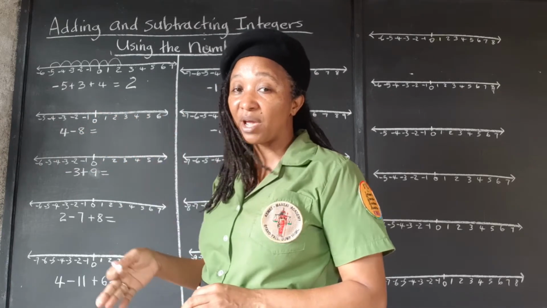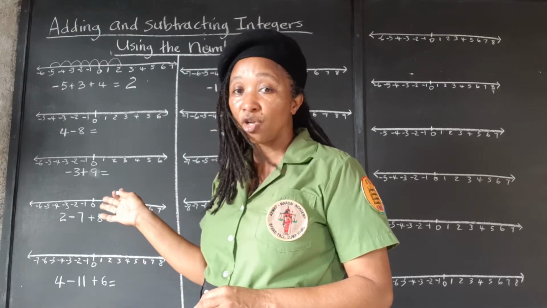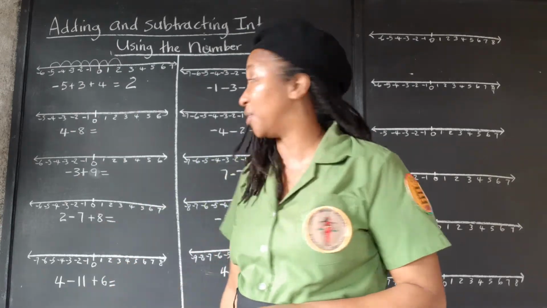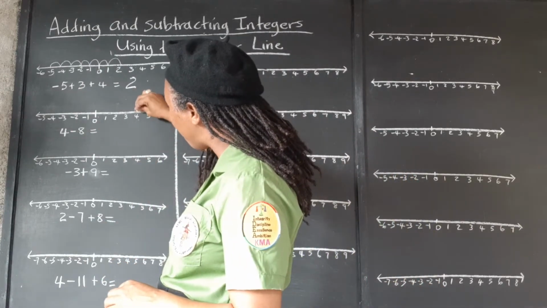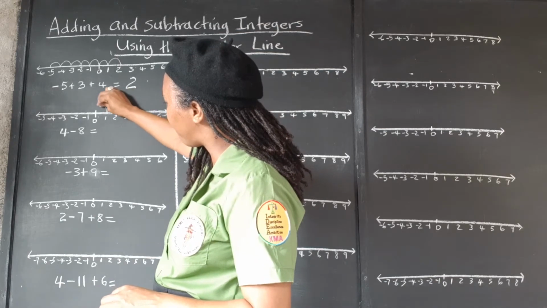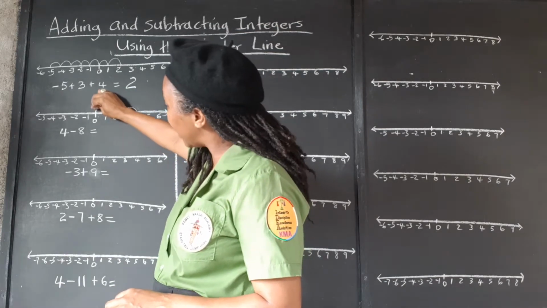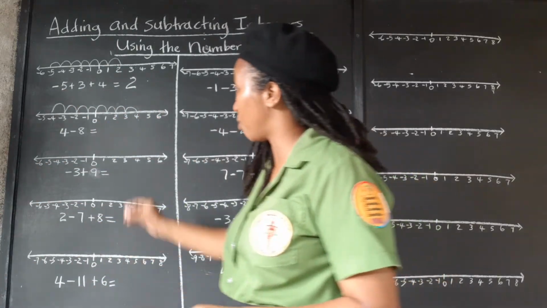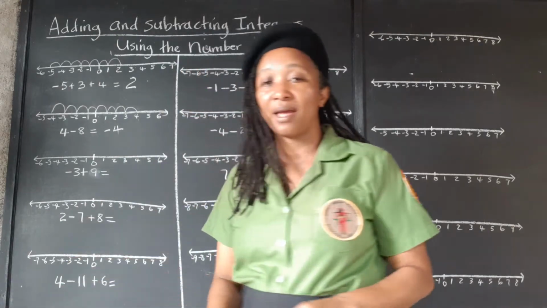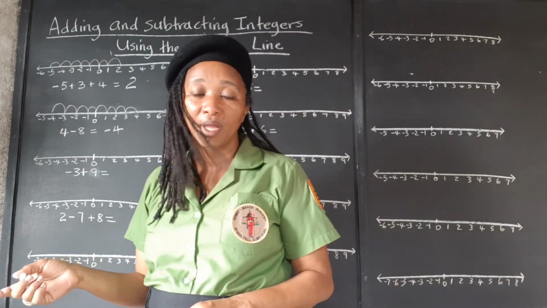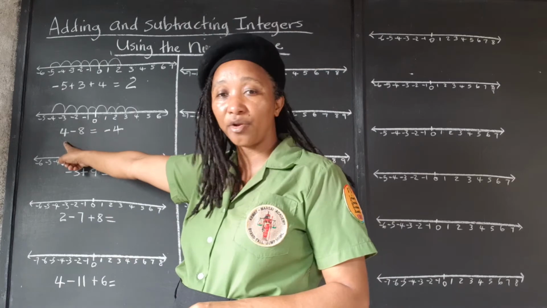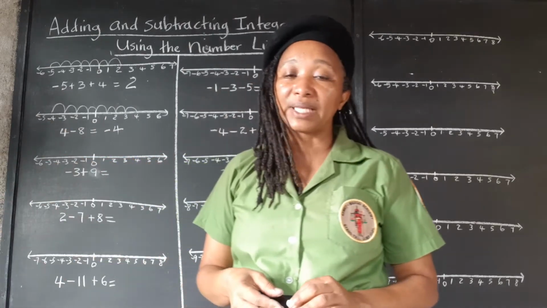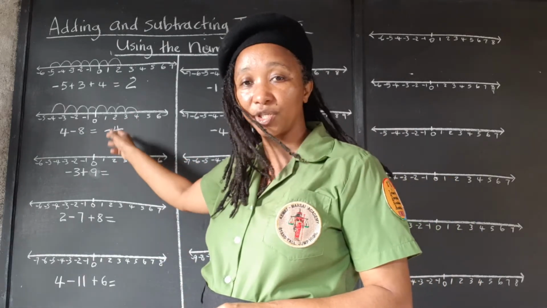So if you're taking away 8, you're going to pass 0 and go into the realm of the negative numbers. So 8 places from 4, 1, 2, 3, 4 takes us to 0, and then 4 more will take us to negative 4. So when you're subtracting a bigger number from a smaller number, a positive smaller number, you're going to end up with a negative result.